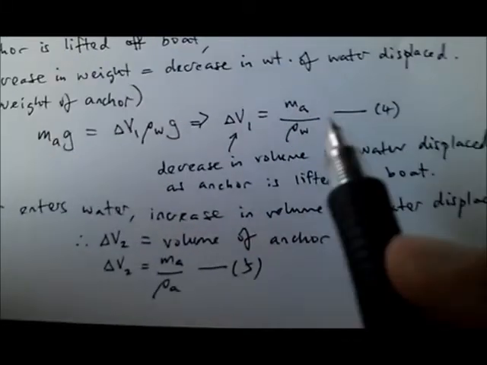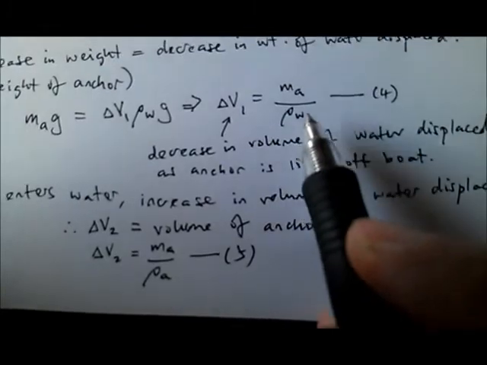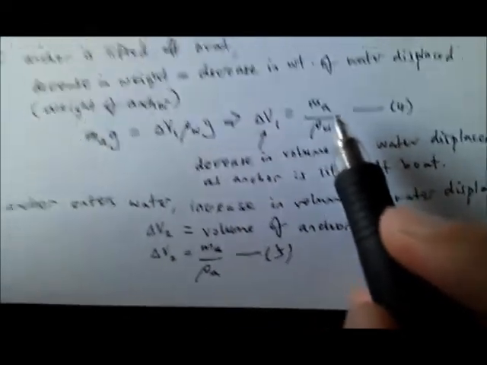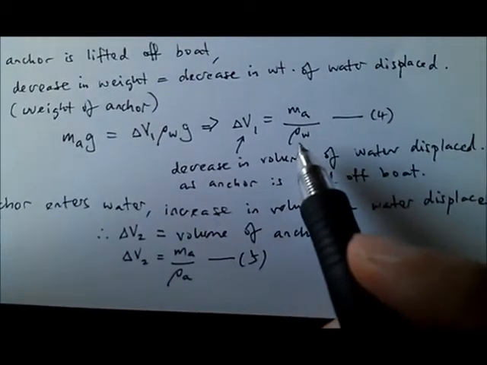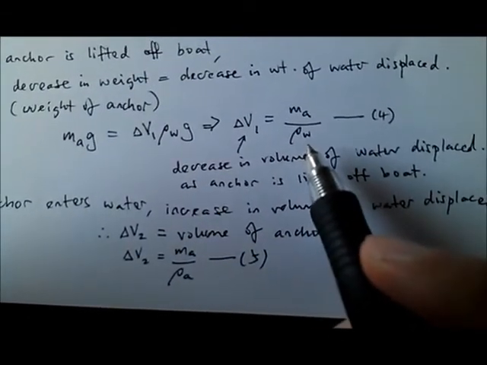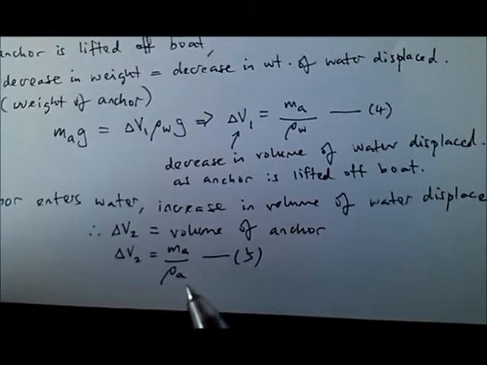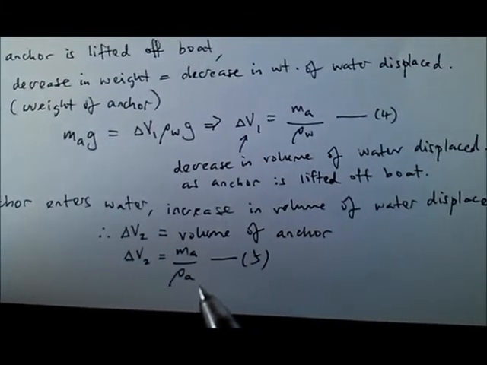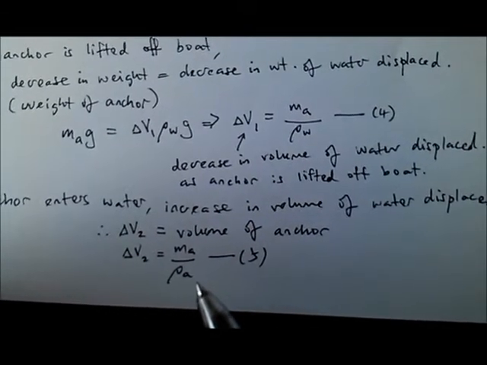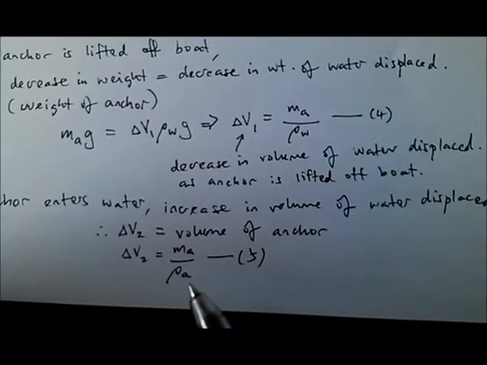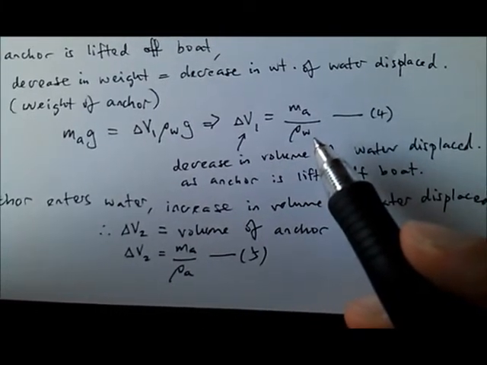So now we compare delta V1 and delta V2. M_A represents the mass of the anchor, which is the same in both cases, but rho_W represents the density of water, and rho_A represents the density of the anchor's material, which is likely to be a metal such as steel. So obviously the density of the anchor's material will be much greater than the density of water.